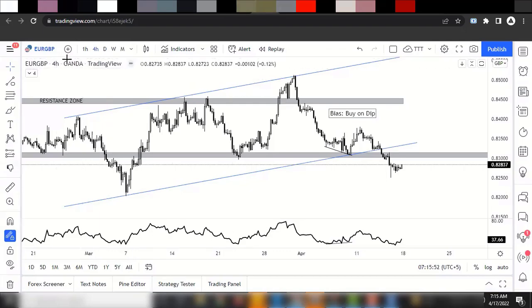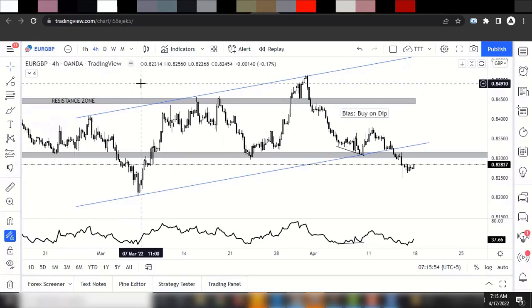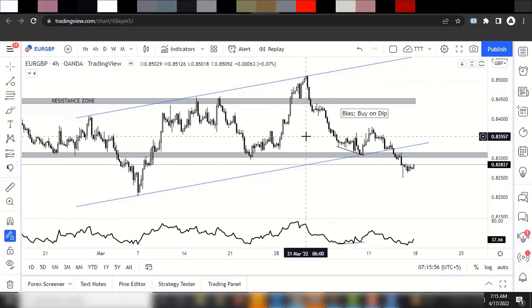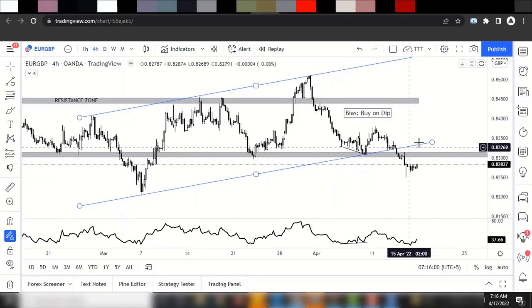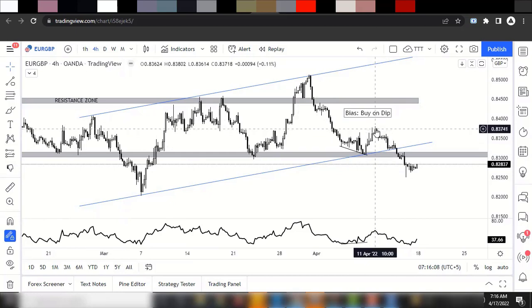The next which I shared is Euro Pound. Buy on dip was suggested, and I personally did not execute this trade because I did not get any bullish sign on this bullish parallel channel bottom. Buy on dip was suggested last week, and the pair made a high immediately on Monday session, and then we see a fall.